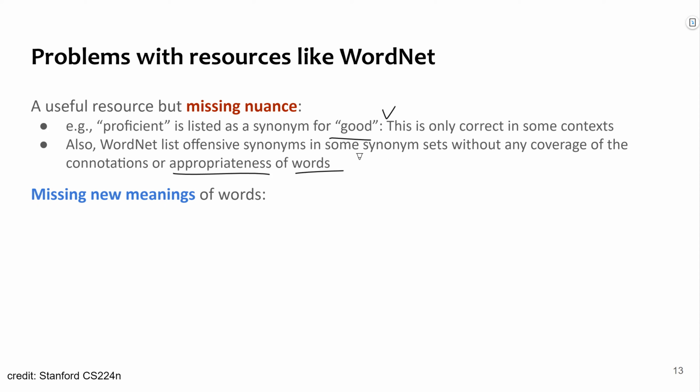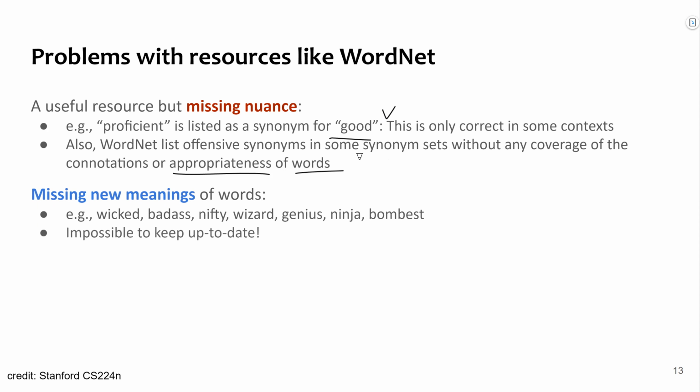And the second drawback is that there might be some missing new meanings of words, for example, wicked, badass, nifty, wizard, genius, ninja, bombast. These words are quite new, and some dictionaries don't contain them. And it's impossible to keep up to date. The definitions of synonyms and hypernyms are also quite subjective.